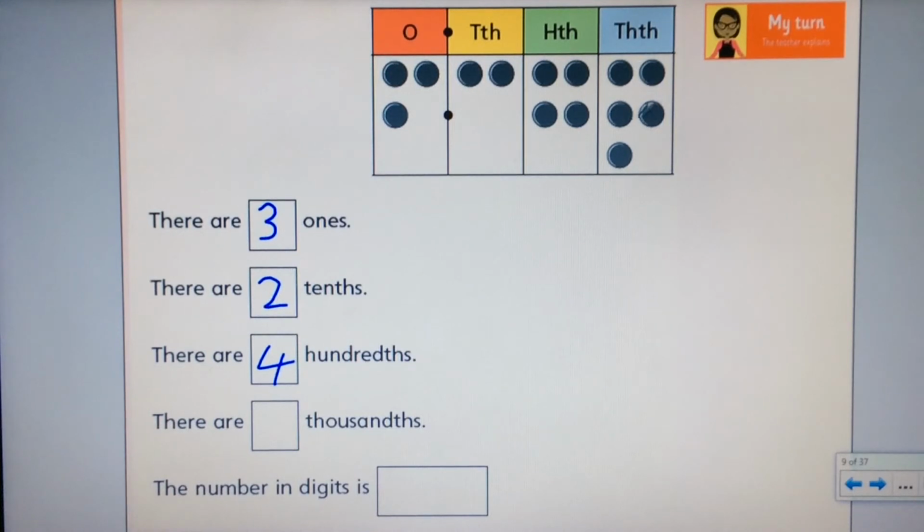And 1, 2, 3, 4, 5 thousandths. So if I was going to write that number in digits, I would write 3 ones, decimal point, 2 tenths, 4 hundredths, and 5 thousandths. So I would read that number as 3.245.